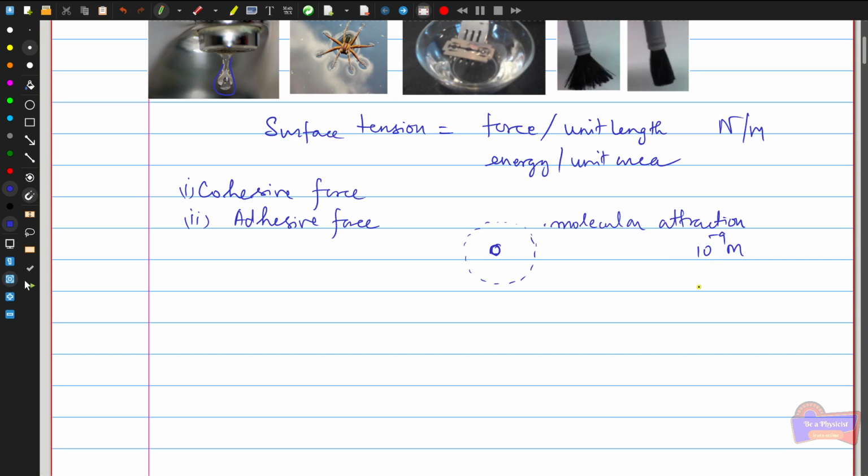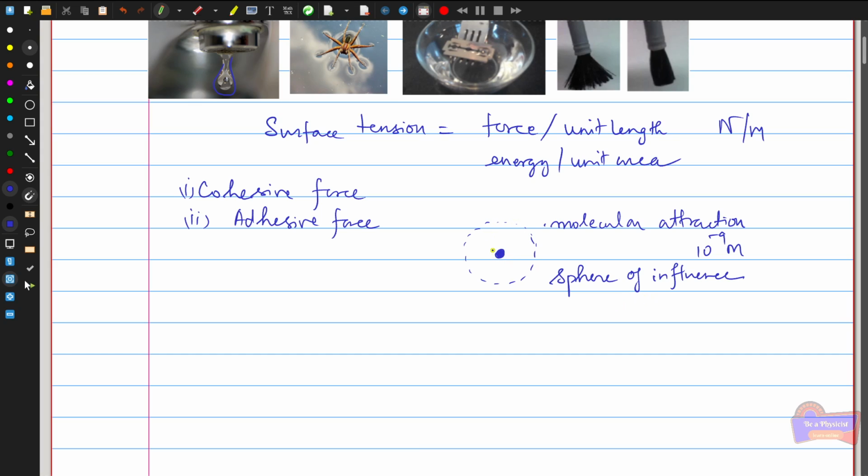If you consider a sphere with the molecule at the center of this range of molecular attraction, then the radius is called the sphere of influence of the molecule. So the molecule attracts and is in turn attracted by the molecules present inside this sphere.